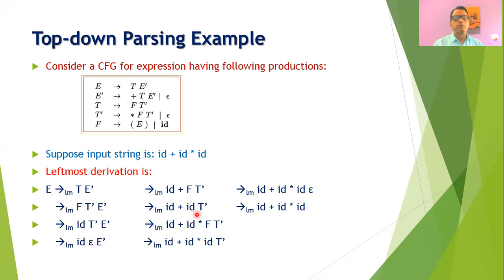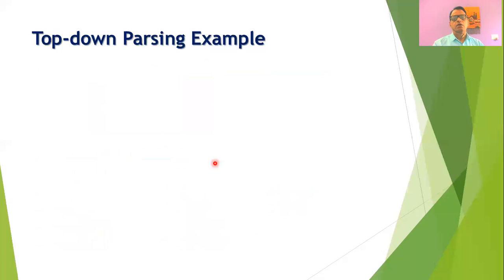Then T dash will be replaced by star FT dash. Then F will be replaced by ID. And then T dash will be replaced by epsilon. So finally, we get the input string ID plus ID star ID. So one can easily say that this input string belongs to the grammar, and therefore there is a successful completion of parsing.